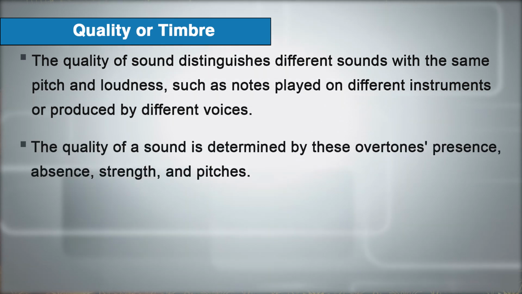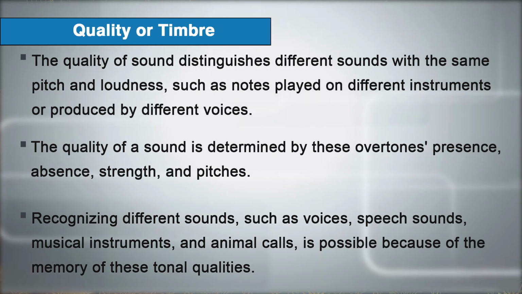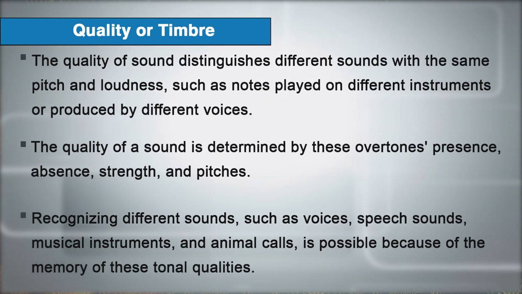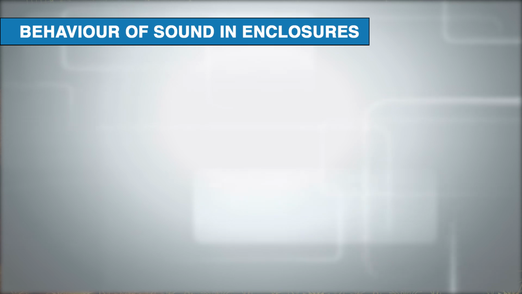The quality of sound is determined by these overtones' presence, absence, strength and pitches. Recognizing different sounds such as voices, speech sounds, musical instruments and animals' calls is possible because of the memory of these tonal qualities.